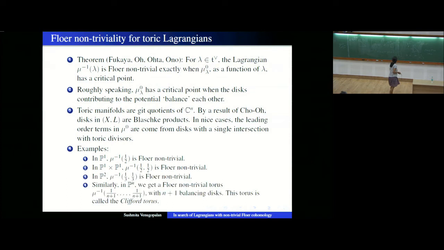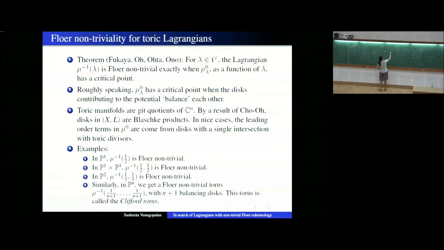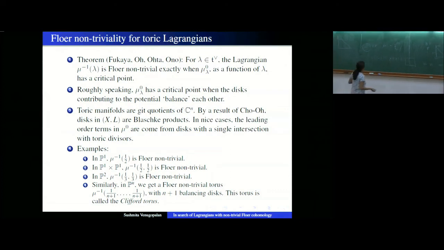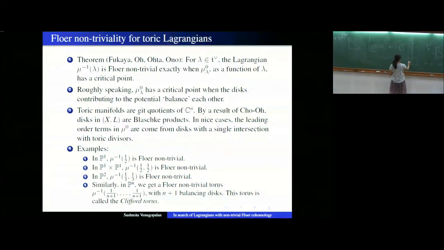So in the P1 case, we said that the equator is a Floer non-trivial Lagrangian. And the disks it bounds are two disks of equal area. So in some sense, these two disks are balancing each other. And in the P1 cross P1 case, that's similar.